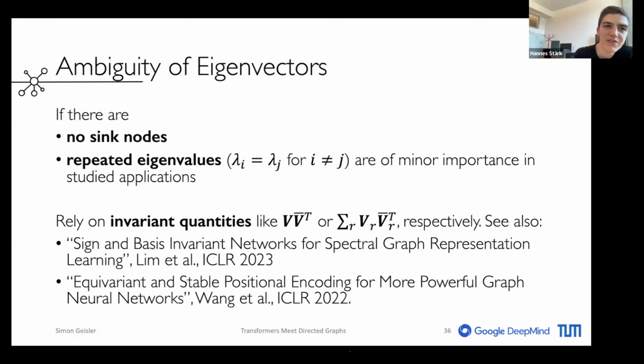In my very vague intuition, the sign and basis net solution would be to sort of incorporate all the symmetries, but by no longer distinguishing everything.